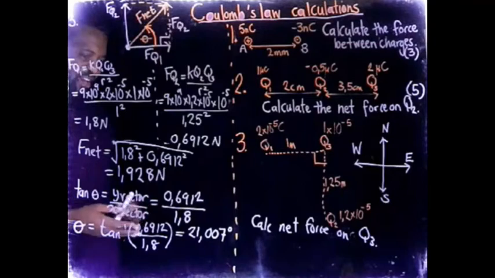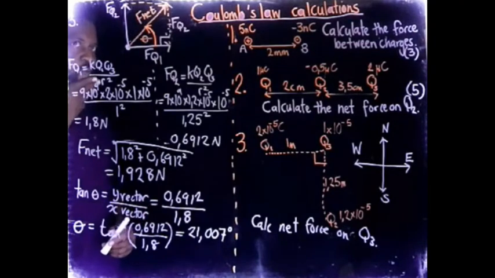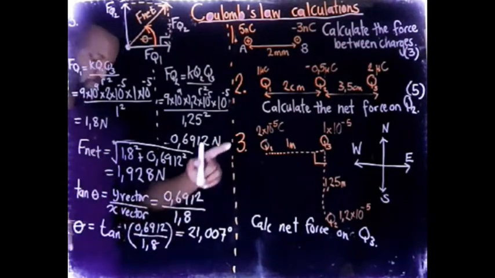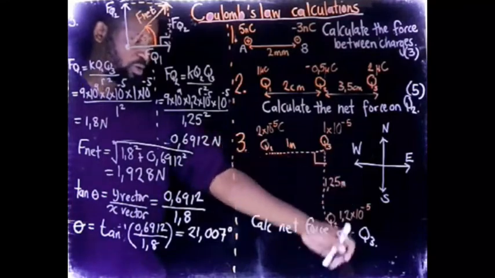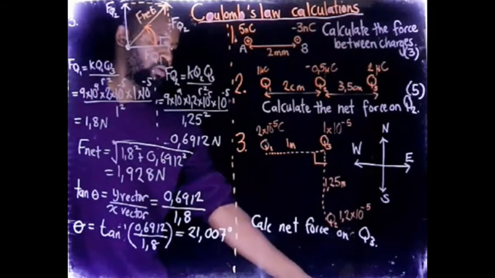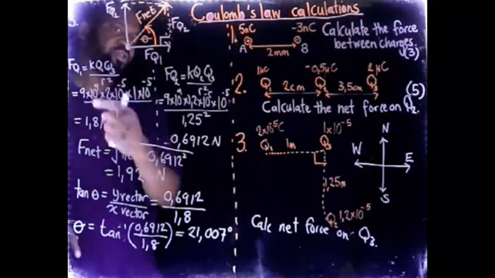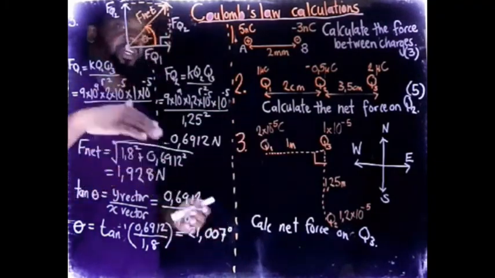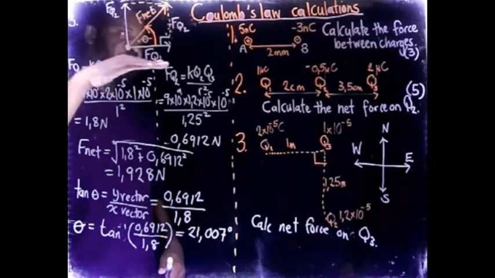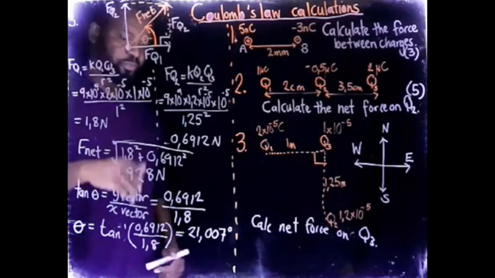I now need a direction. So the north is going upwards. So FQ2 is acting along the north, FQ1 along the east. So my resultant is between the east and the north.